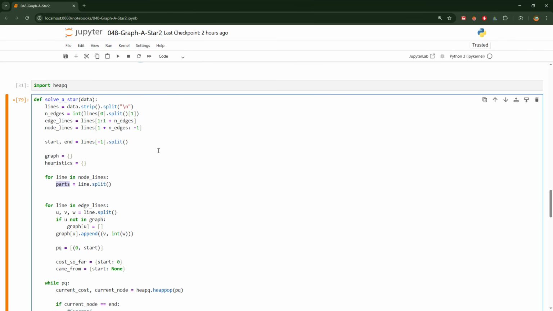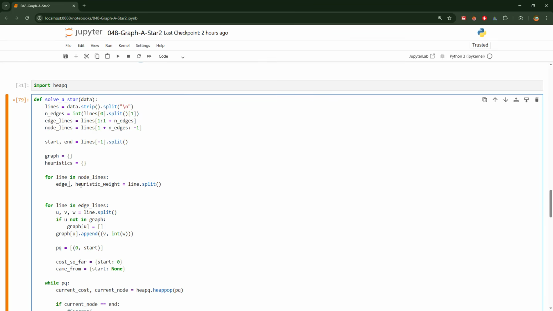We can call it parts, which is good, or we can call it edge and heuristic, for example, so it's more understandable.